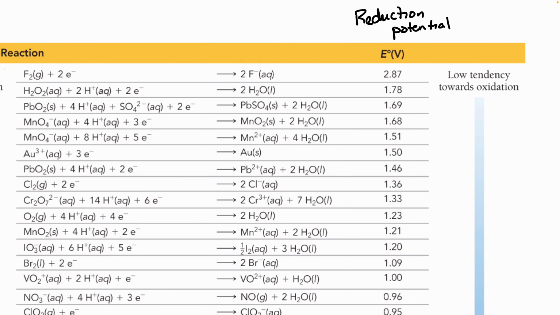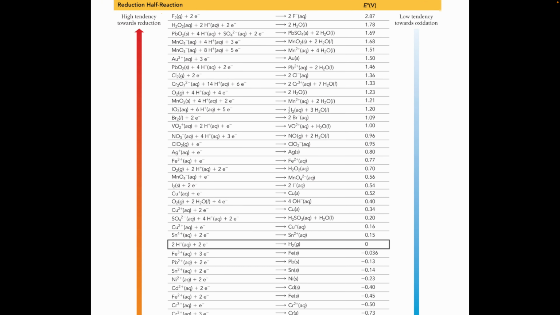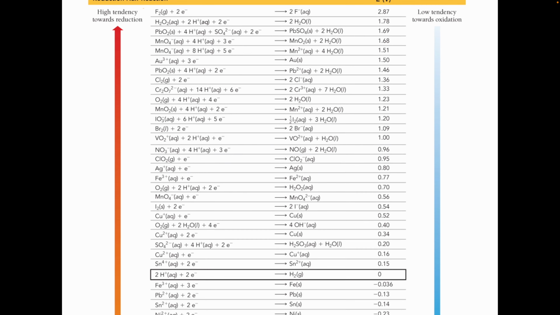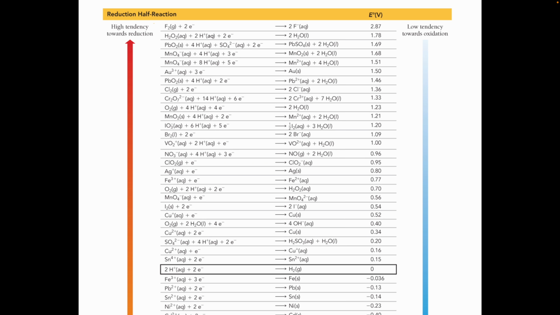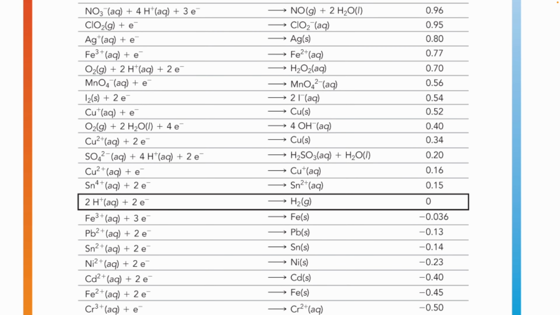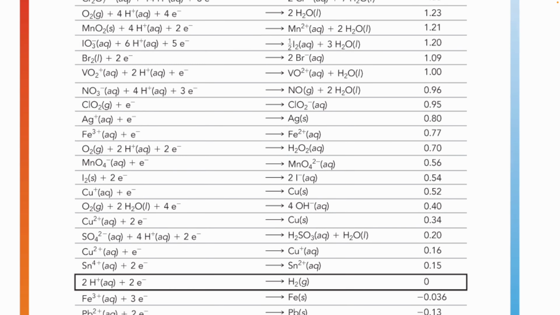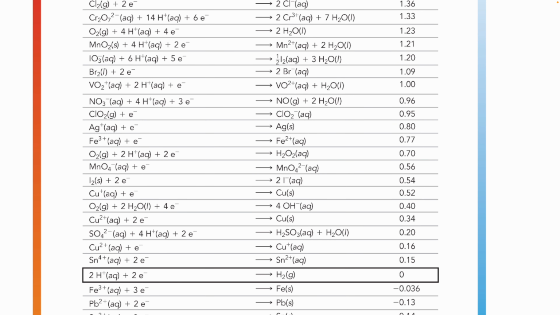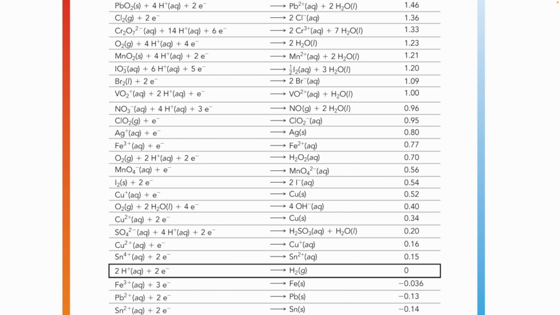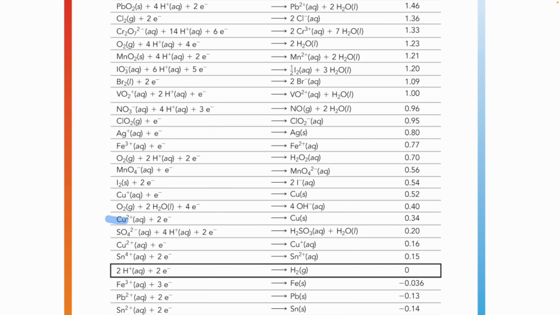All right, let's just zoom out here. What we see here are a whole bunch of reduction half reactions. Let's take a look at our familiar one of our copper 2 ion. Here it is: our copper 2 ion accepting those 2 electrons and becoming solid copper.